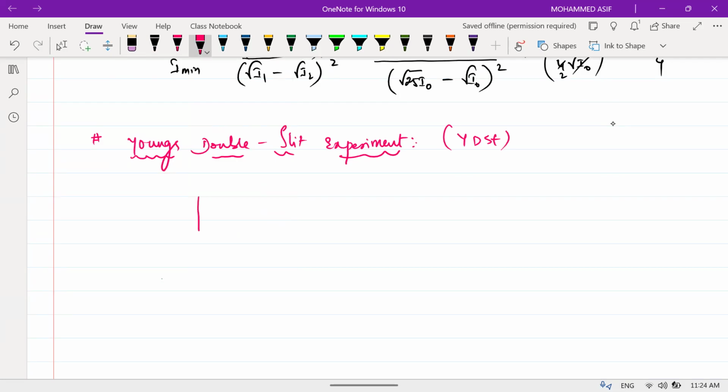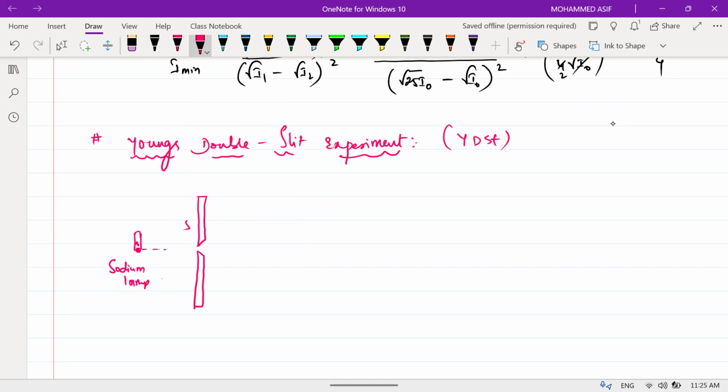What we are doing is we are taking a small slit here like this. And in front of this one, we are keeping a sodium lamp, a monochromatic light.